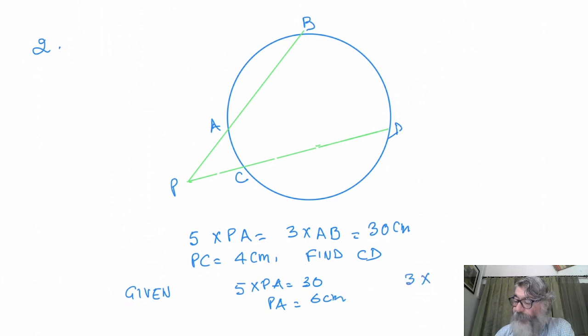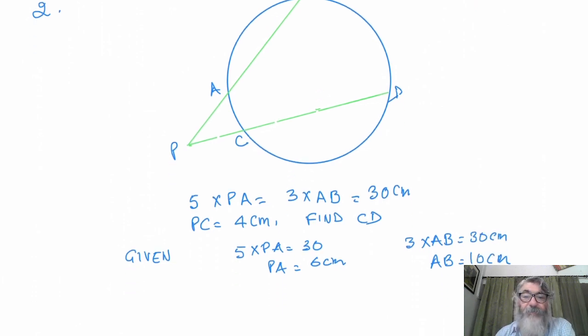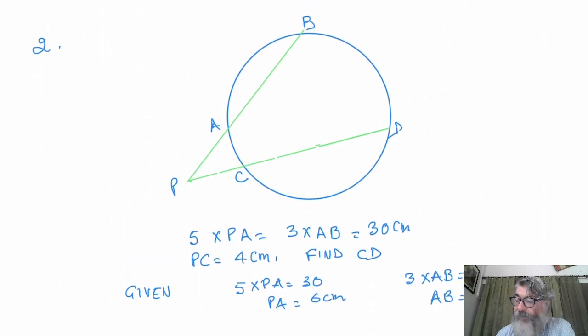3 into AB is 30 centimeter, so AB will be 10 centimeter. PC is given as 4 centimeter.